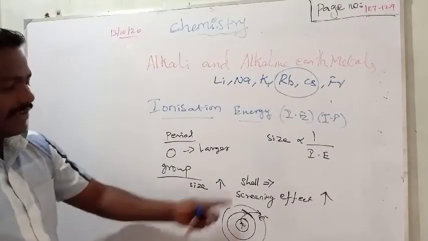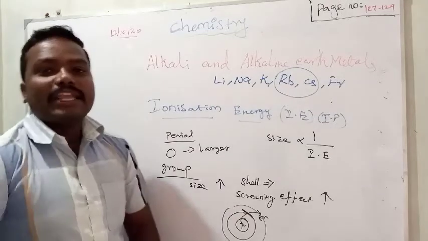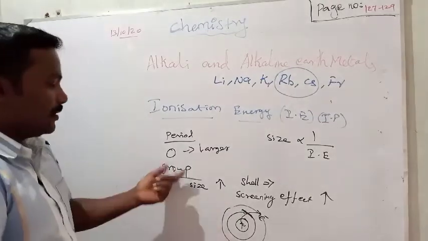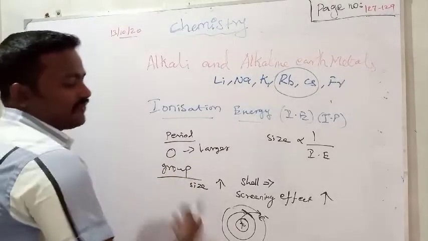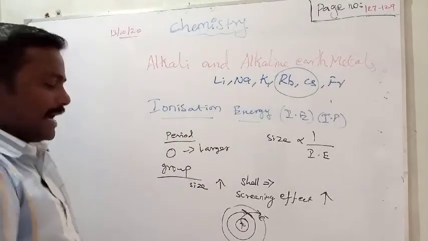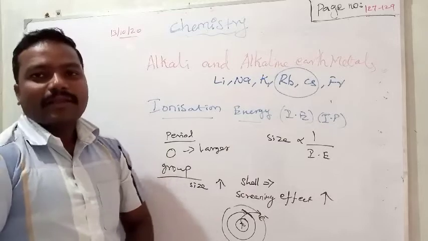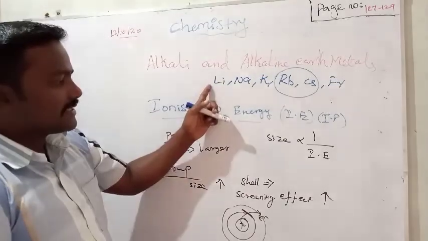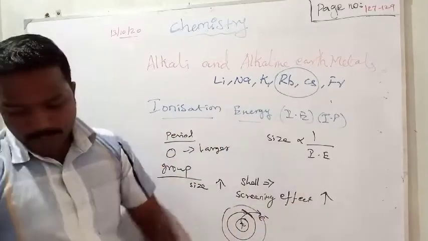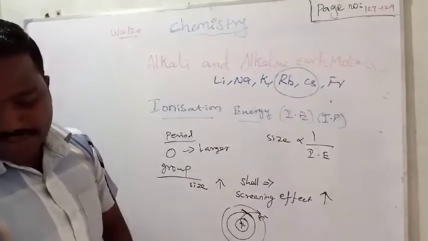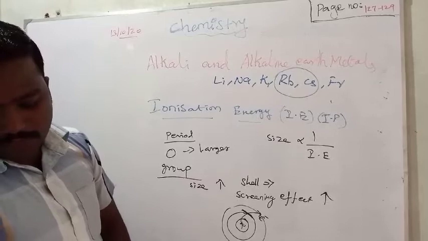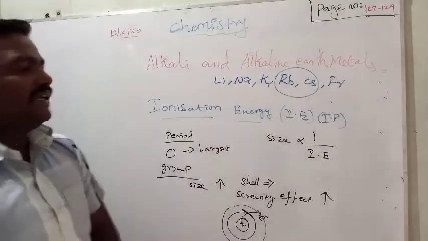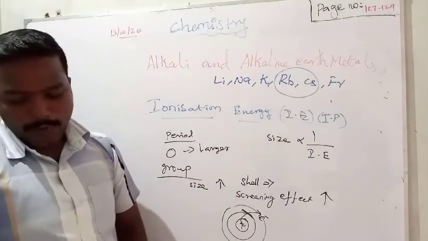So the screening effect will influence the ionization energy. Group wise, because shells increase as well as the screening effect, ionization energy will decrease, because size is inversely proportional to ionization energy.